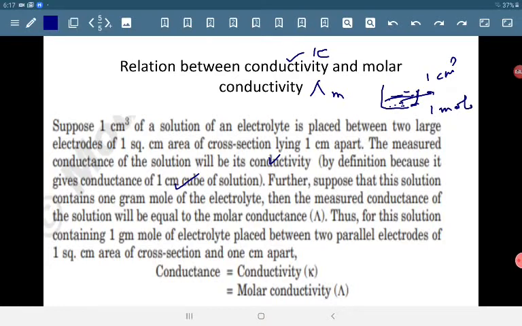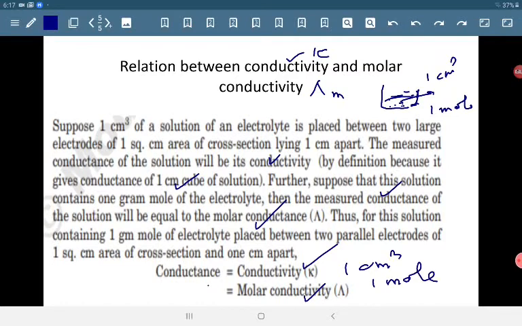Then the conductance of the solution will also be equal to its molar conductance or molar conductivity. So here the conductance of this solution will be equal to conductivity because the solution has the volume 1 centimeter cube, and it is also equal to molar conductivity because the solution contains 1 mole of the electrolyte dissolved in it.